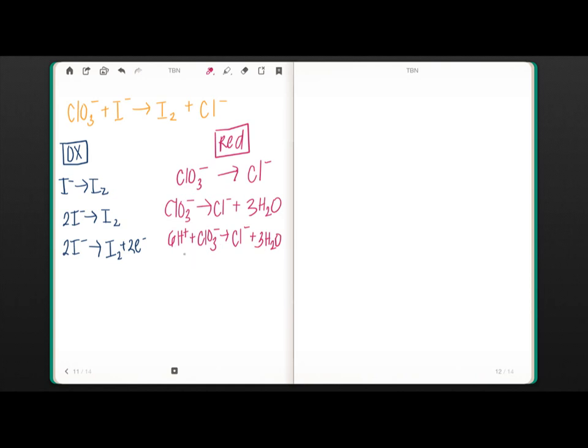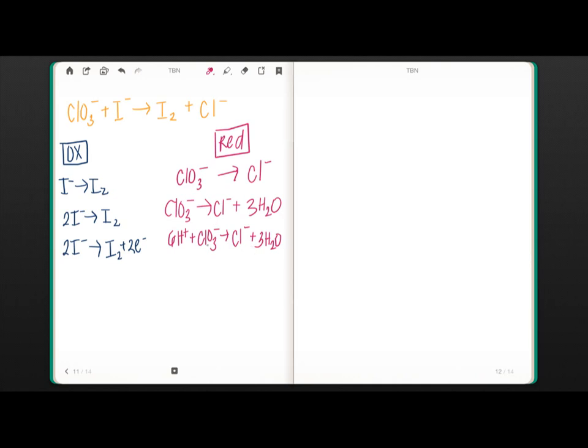Alright, so there's that, and then after adding the hydrogen, next comes the electrons in order to balance out the charge. So you have 6 plus here and a minus 1, so that means you have a 5 plus charge here, because 6 minus 1. And then on the product side, you have a minus 1 charge.